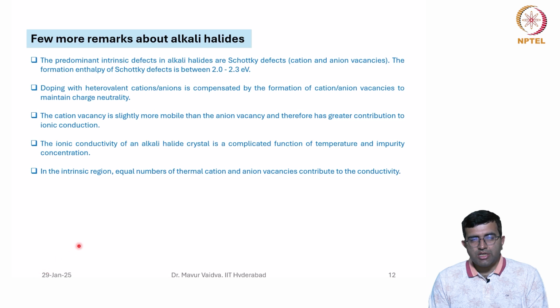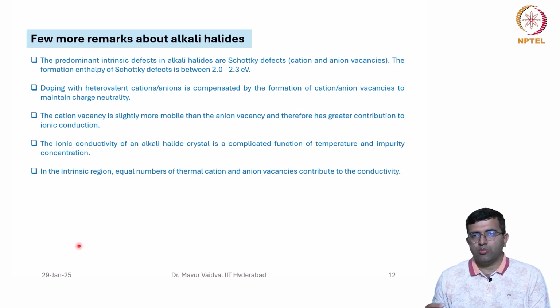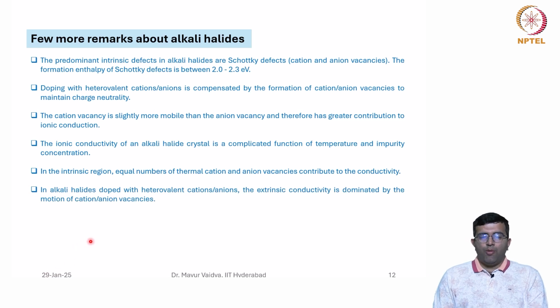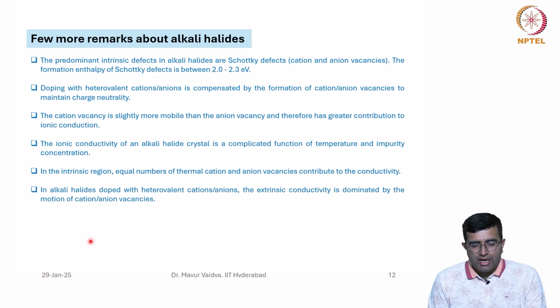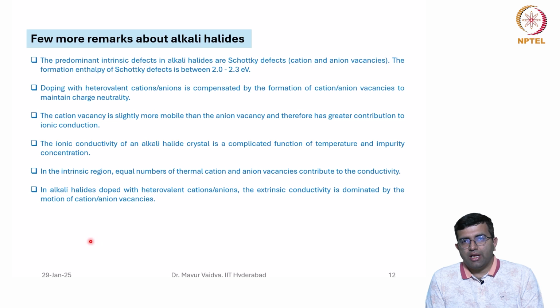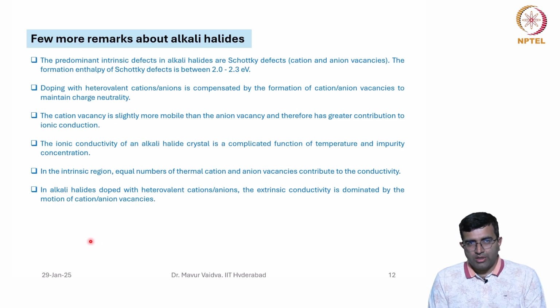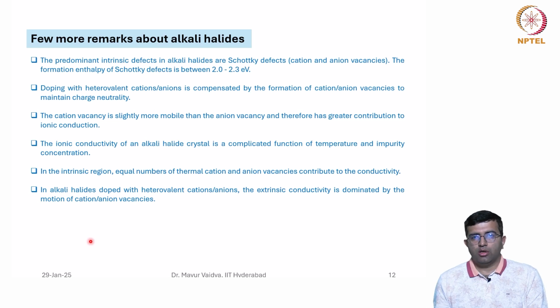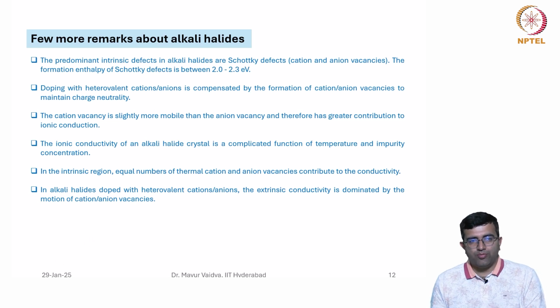In the intrinsic region, equal numbers of thermal cation and anion vacancies contribute to the conductivity. When you dope these alkali halides with heterovalent cations or anions, the extrinsic conductivity is dominated by the motion of either the cation or the anion vacancy, depending on what type of dopant we have added.